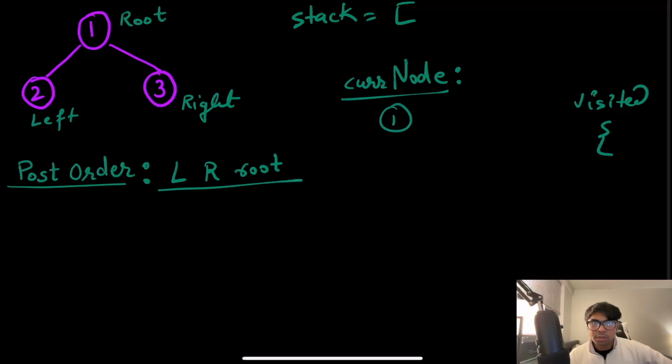It's in my current node. If I'm popping it, it might not always be non-none, so I'll keep a check. If it is not none, then I want to process its left, and then I want to process its right. And in order to process those, what I'll do is put my current node back to my stack so that I'm visiting it again.